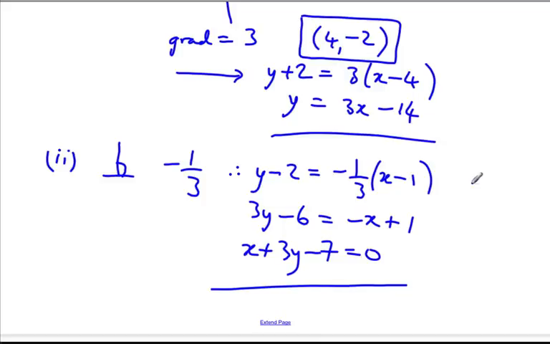Why don't they simplify it further? Don't know. In the answers, they write 3y equals. What they've done is they've effectively used the y equals mx plus c form, but they left it 3y. Not sure why that is. To be safe, I think you should always put it in either of these forms. You shouldn't leave an equation part way between formats. So both answers are right?